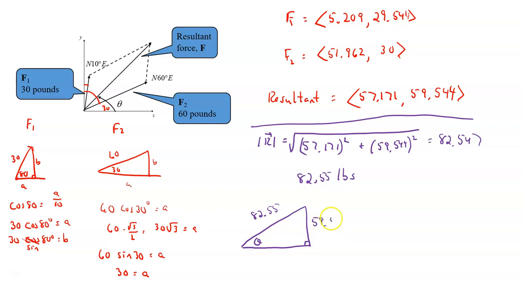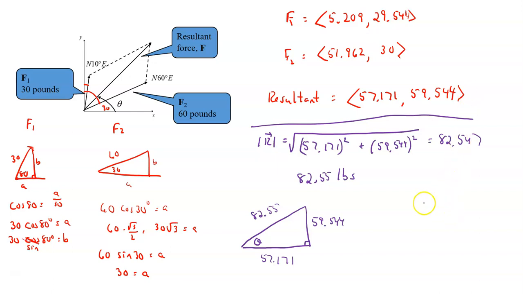How about 59.544 for the vertical distance? I could have used the 57 for the horizontal distance as well, and now I've got enough information to solve the problem. The other thing I can do is fill in this bottom here as 57.171, and then use tangent from the original numbers rather than from the resultant. The advantage of doing it that way is if I messed up the calculations of the resultant, then I can still get the angle measure correct because they're based on the original measures to the resultant.